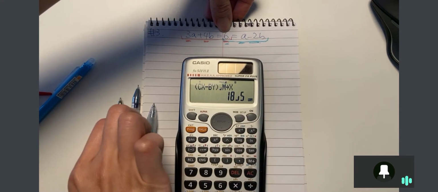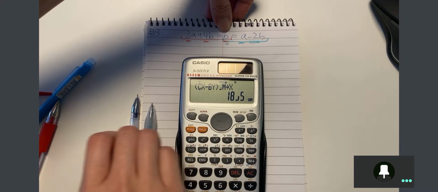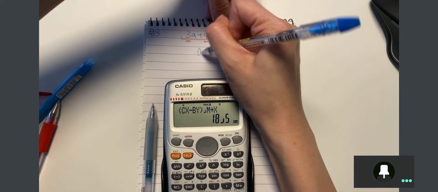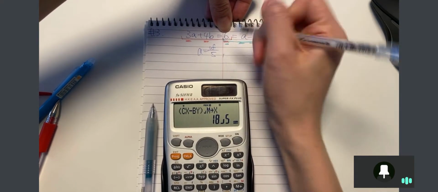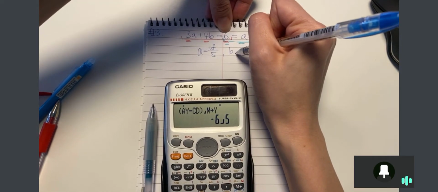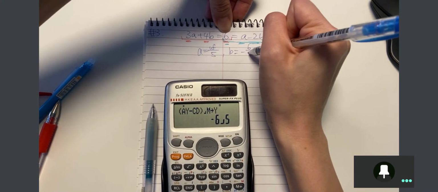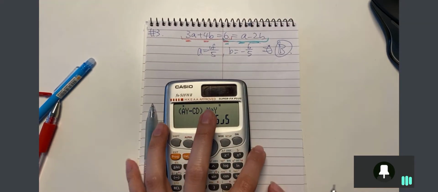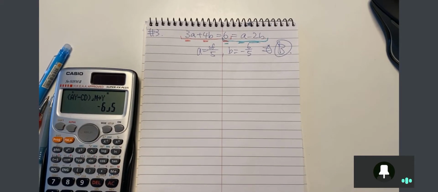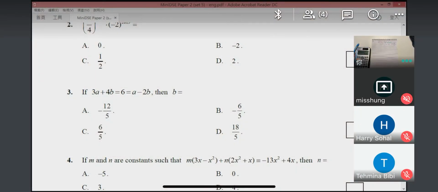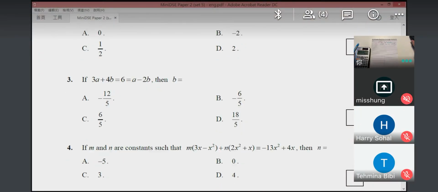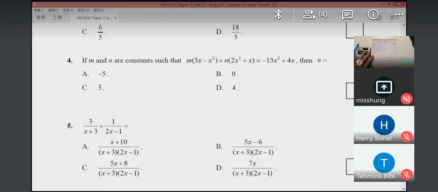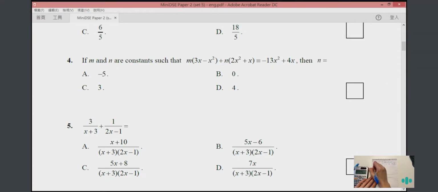Okay, this one is the A. A equals 18/5 and B equals -6/5. So the answer is B because the question asks you what B is, right?